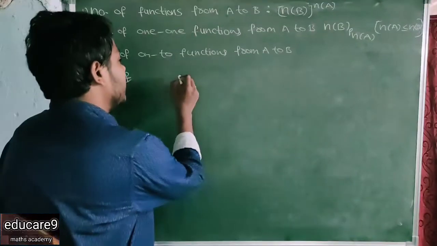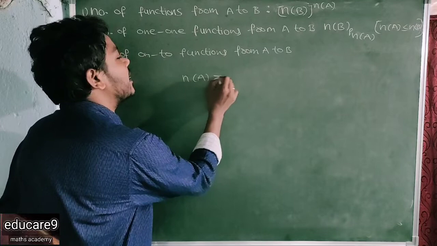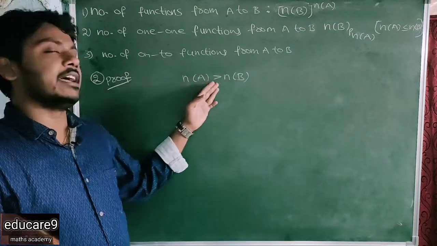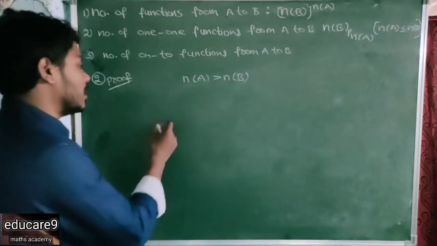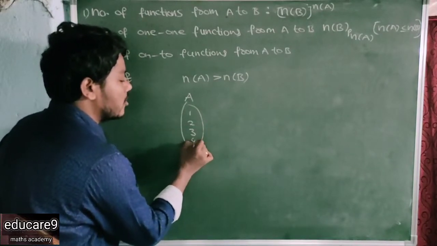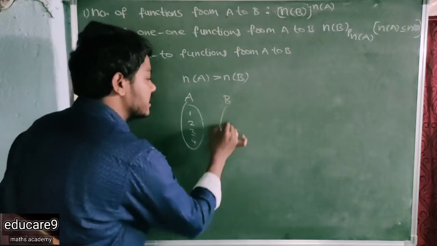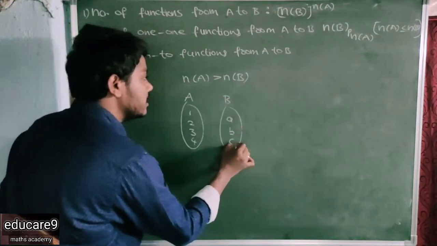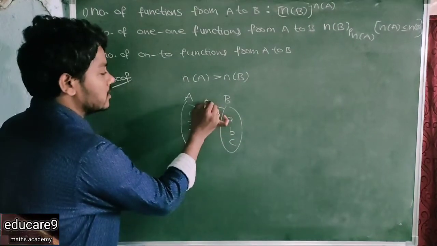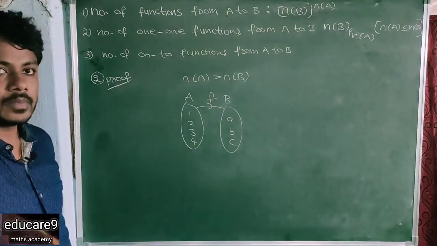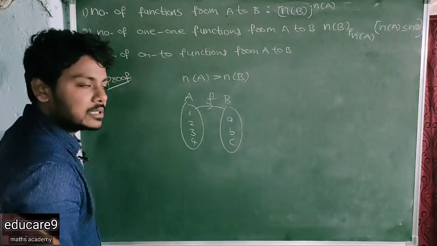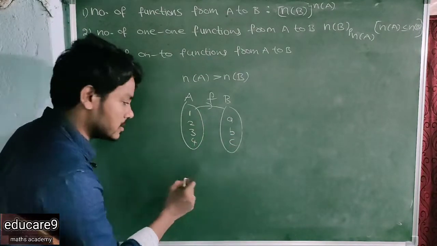Here, if n(A) is greater than n(B), the number of elements in A is greater than the number of elements in B. So for example, set A has the elements 1, 2, 3, 4, and set B has the elements A, B, C. So clearly the number of elements in A is greater than the number of elements in B. So there exists a relation F. Here 1 is mapped to either A or B or C, so clearly the chance of 1 is 3 chances.